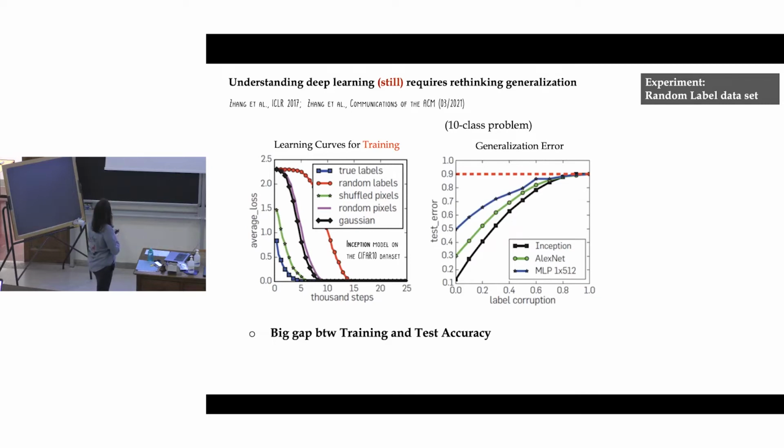However, if I keep increasing the corruption, eventually the test error becomes just random. This is a 10 class problem, so 90% error, 1 in 10. So I just get a random answer. This is also what I expect. Yes, sorry, I thought there was a question. No. Okay, so indeed, there is a big gap between training and test, because my training loss is basically zero, but test error is quite bad.